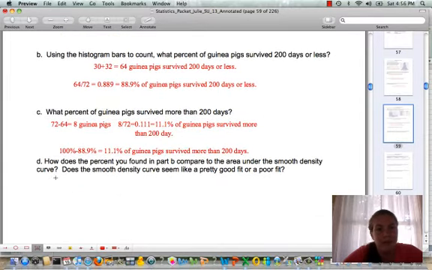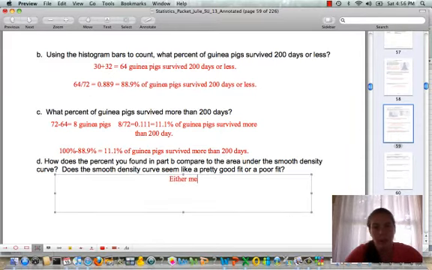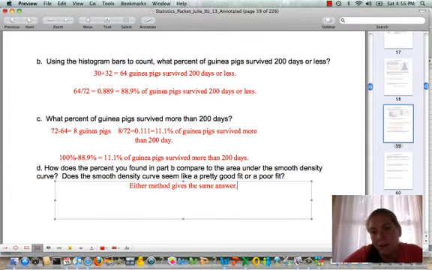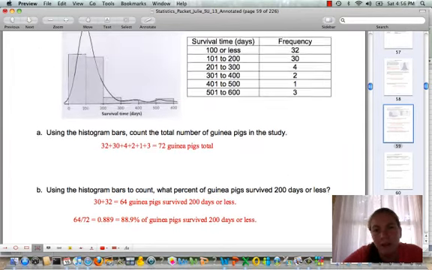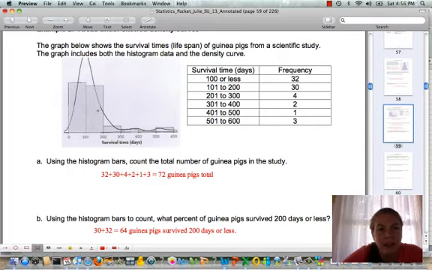So in part D, we can say either method gives the same answer. And then they're asking us, how does this compare to the area under the density curve? So if we look back around 200 days, does this look like 11%?